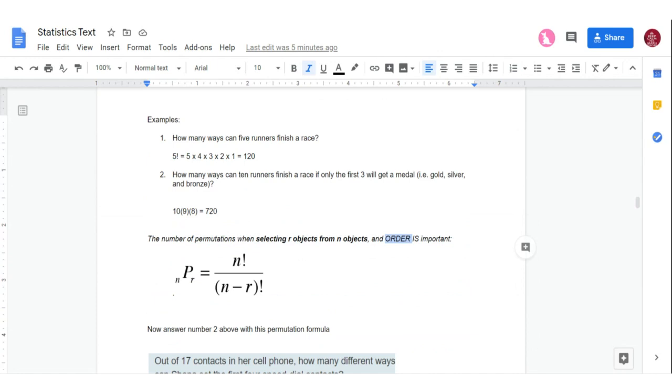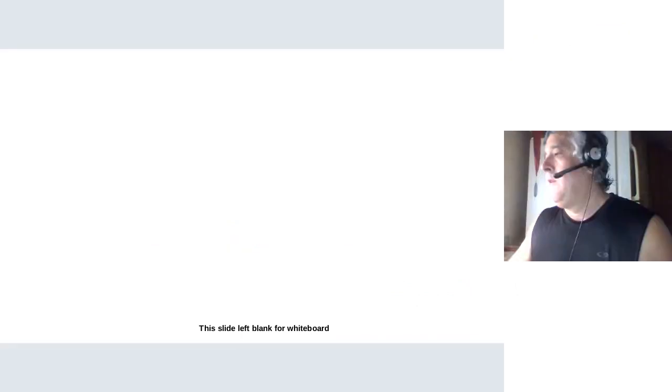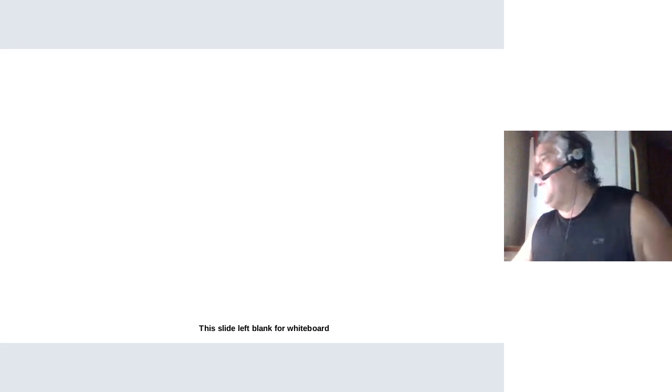Now, I can't really do this here, so I'm going to go over to the board because I want to show you that formula and how it works. And I really need to do it over here by hand.